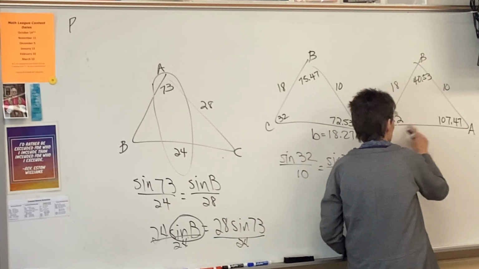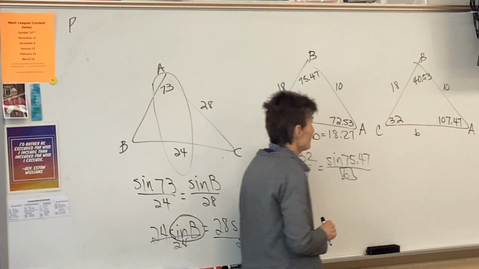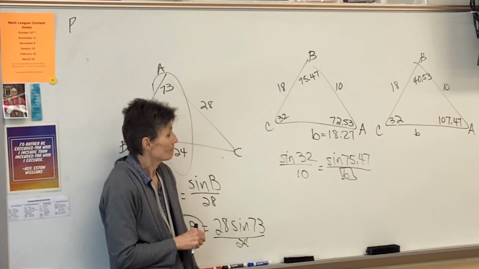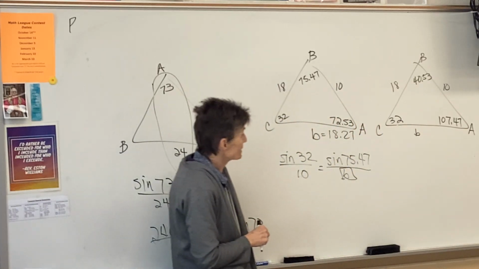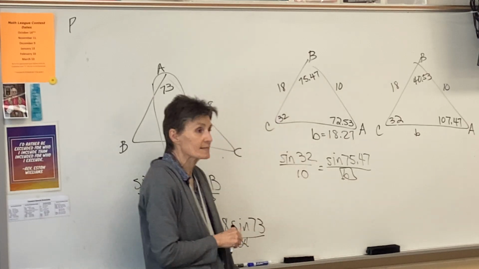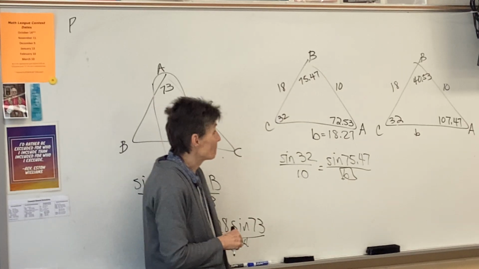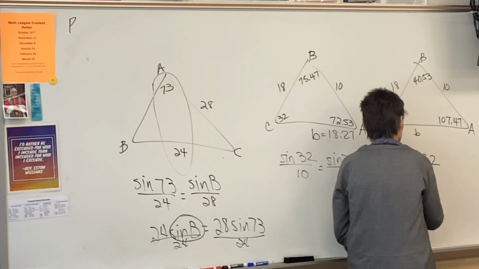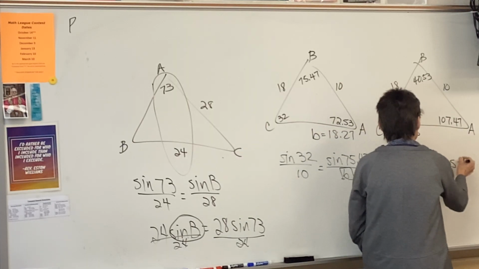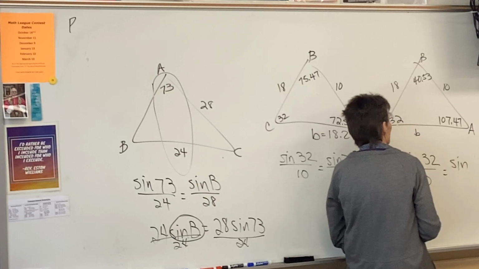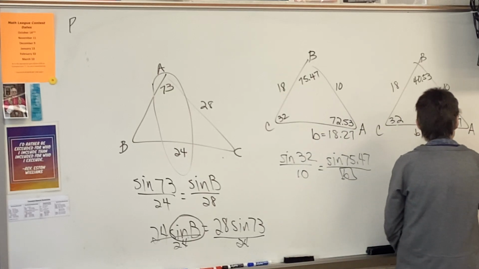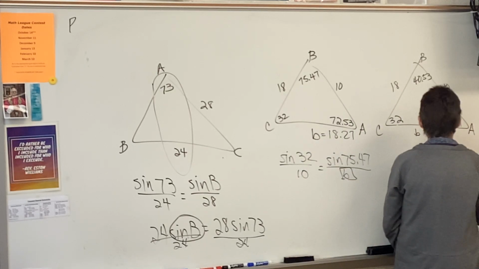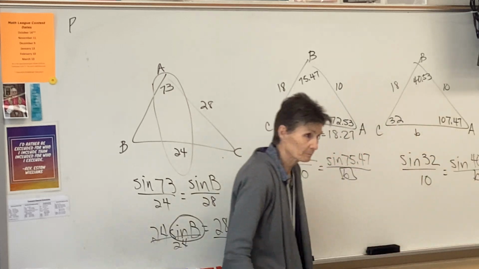Yeah, I added these two, subtracted from 180. So someone help me set it up so I get side B. Sine 32 over 10. Very good. And then sine 40.53 over B. Perfect, Alden. Perfect.